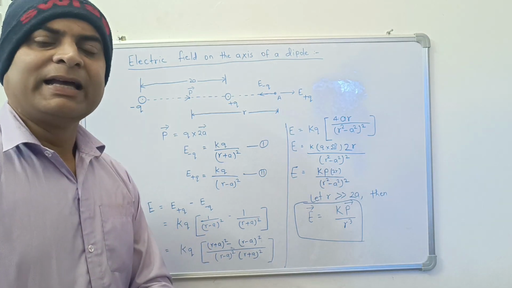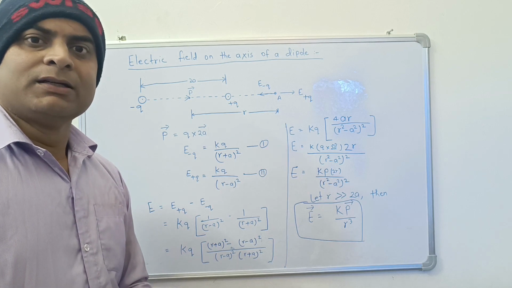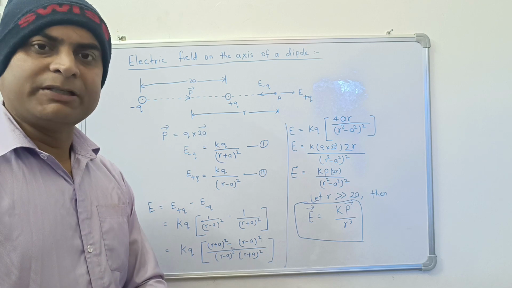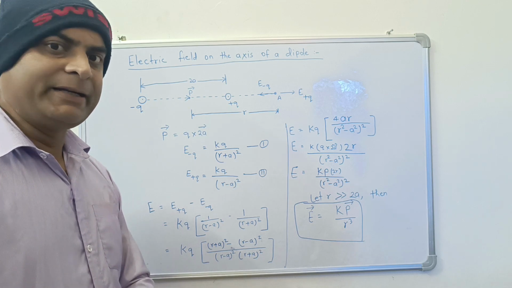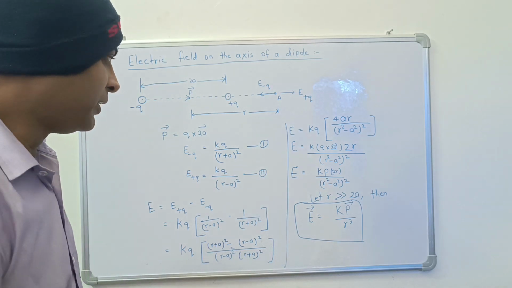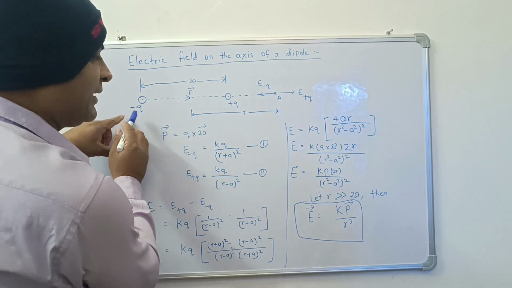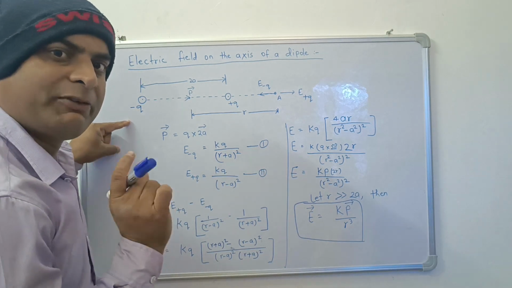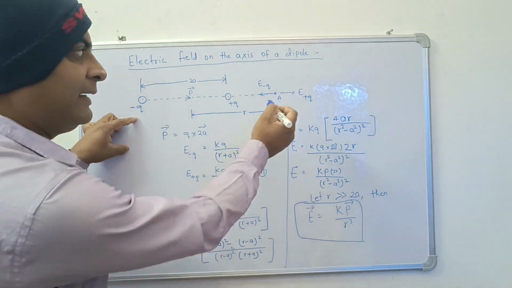As you know, the electric field is defined as the constant k multiplied by the charge divided by the square of the distance. So for the charge minus Q, what will be the electric field at A?